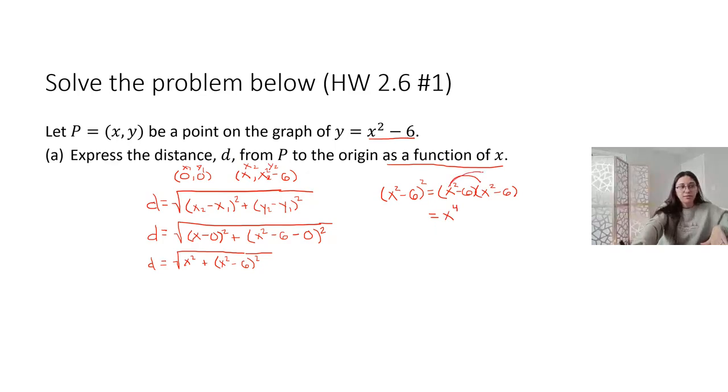Then x squared to negative 6 is negative 6x squared. Then we distribute negative 6 to both terms. Negative 6 times x squared is negative 6x squared. Negative 6 times negative 6 is positive 36.